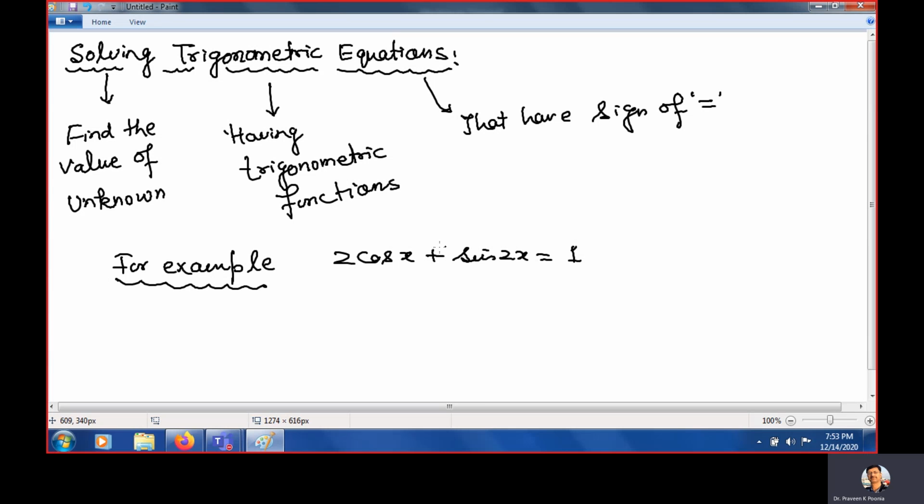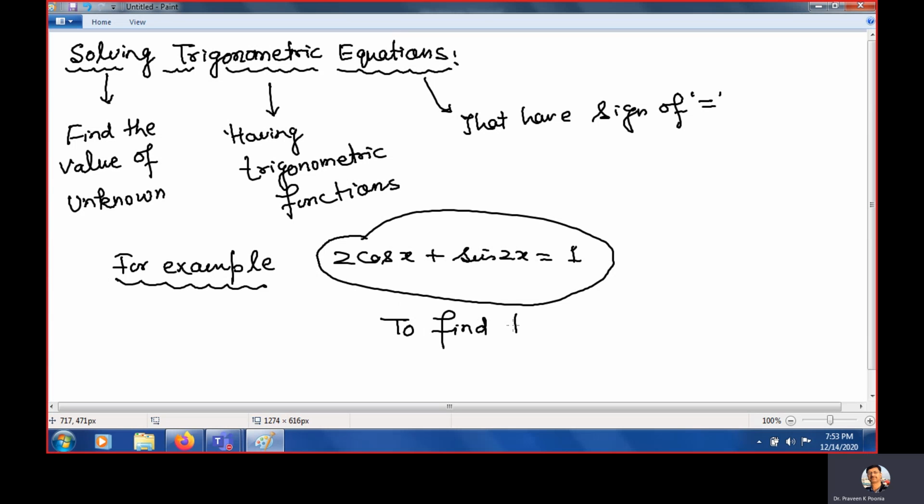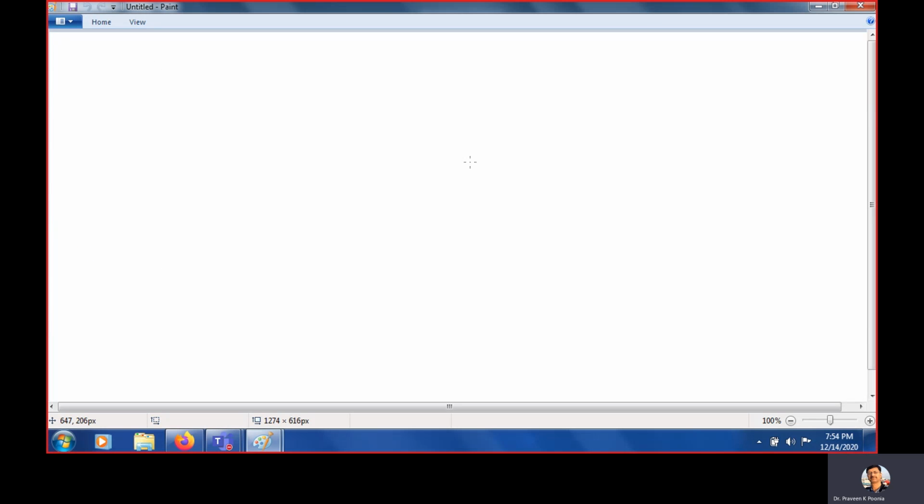This is a trigonometric equation, and from this equation to find the value of x is the solution. So here in this topic we will be given many trigonometric equations, and we are going to solve them.